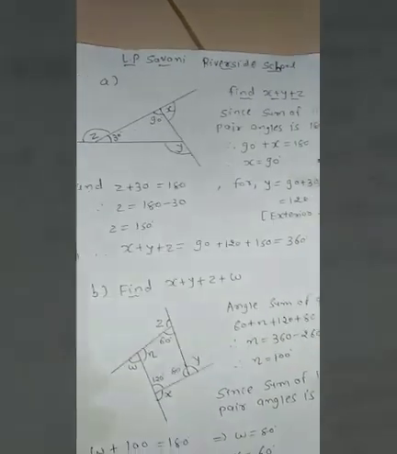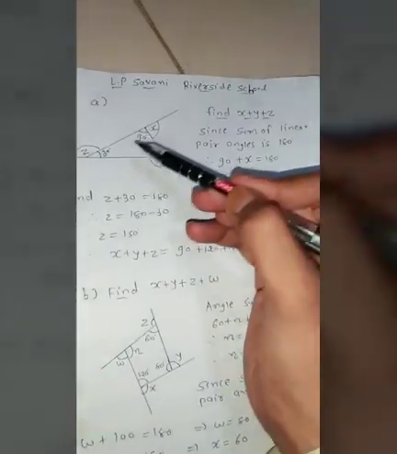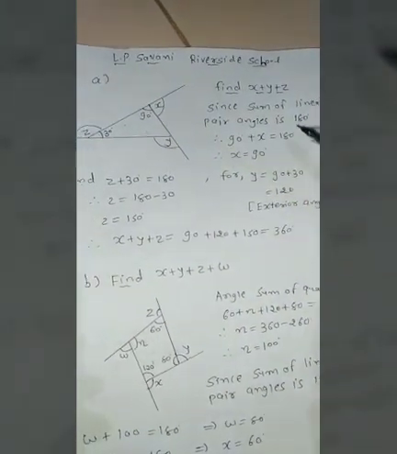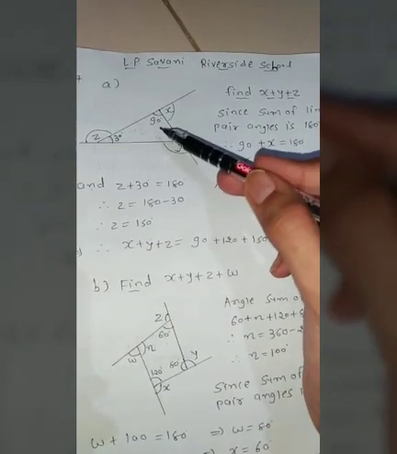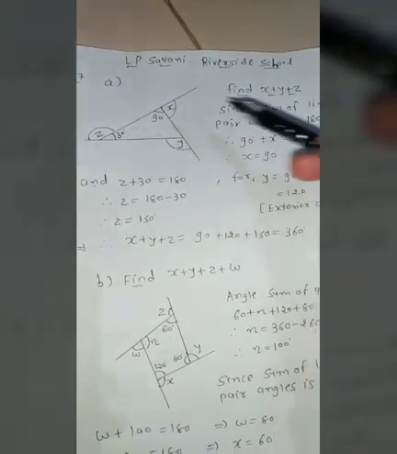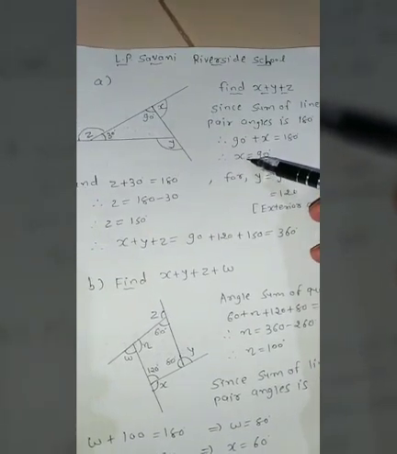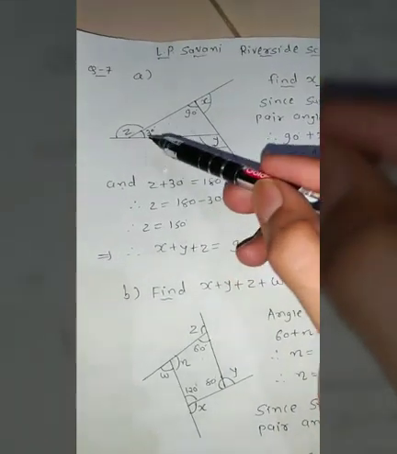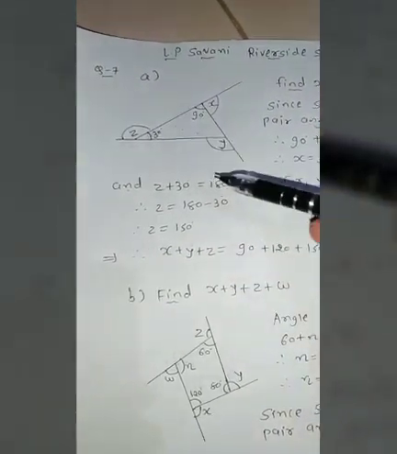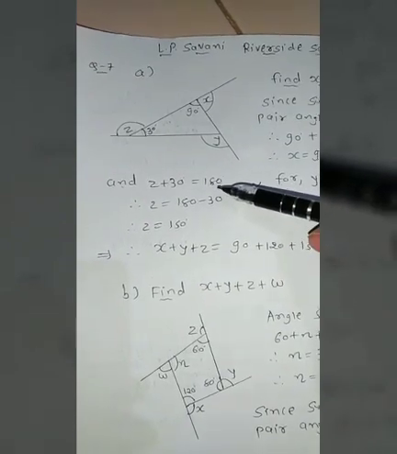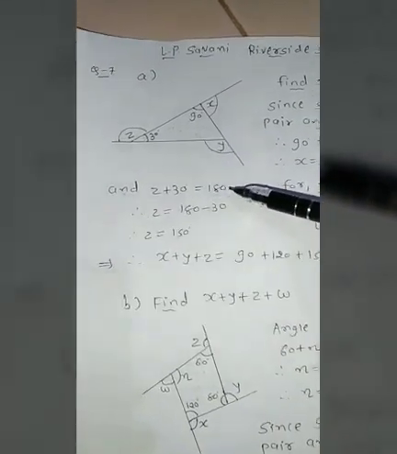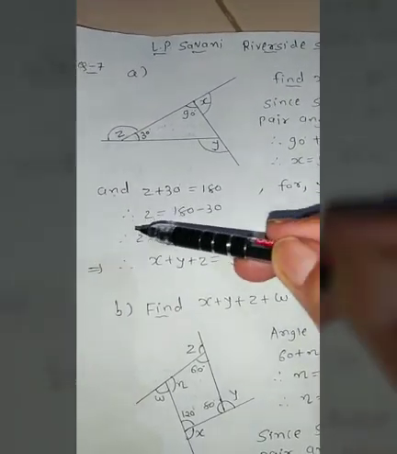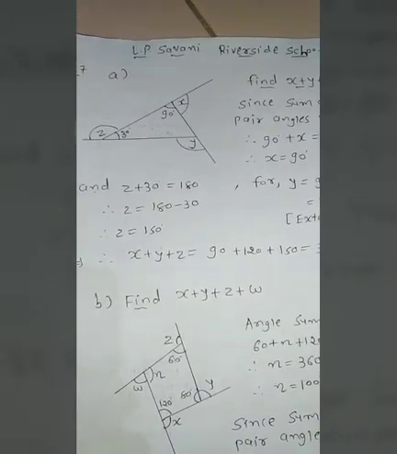So let's begin with 90 plus x is equal to 180 because they are a linear pair. In this way we can find x is equal to 90. For z, z plus 30 is equal to 180. So z is equal to 180 minus 30. It gives z is equal to 150.